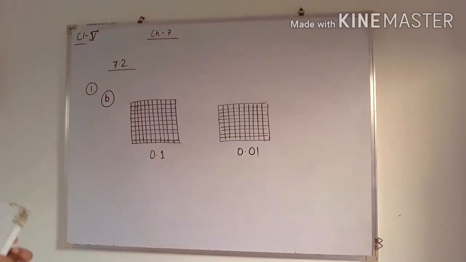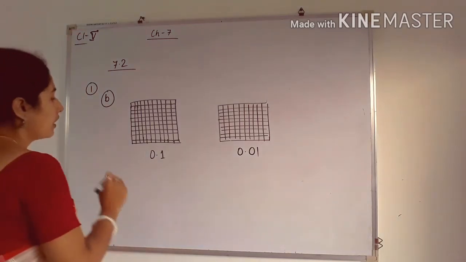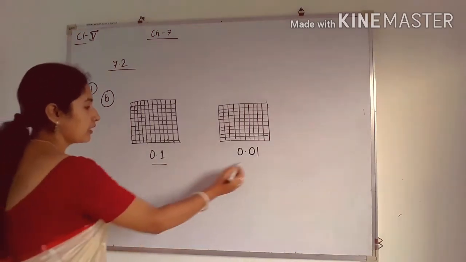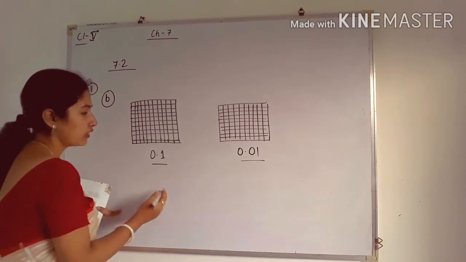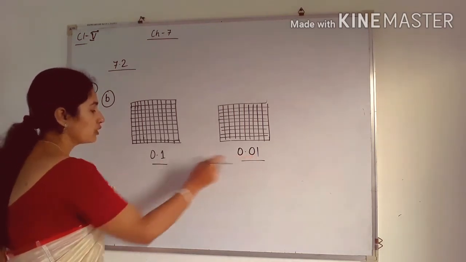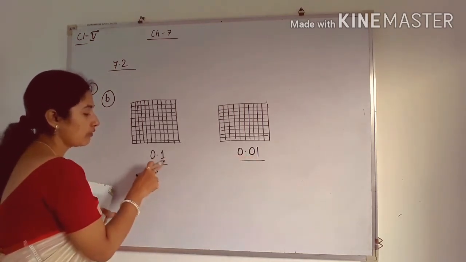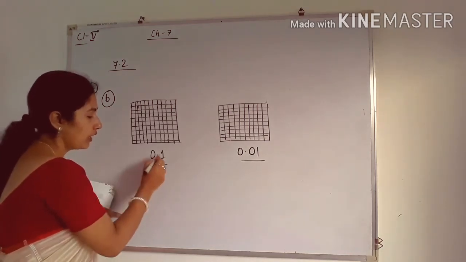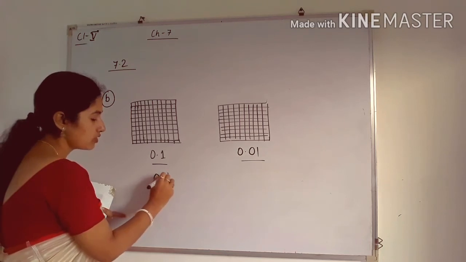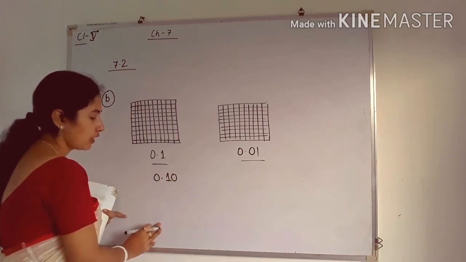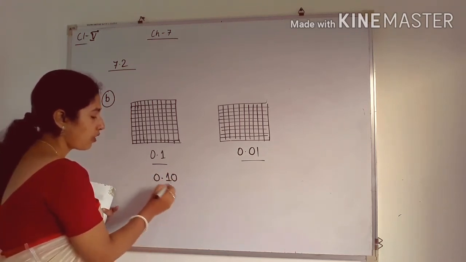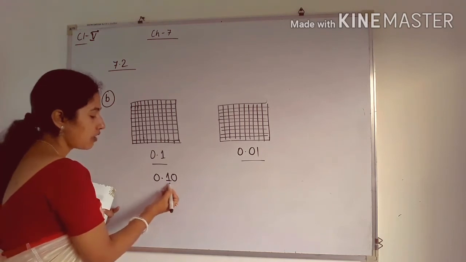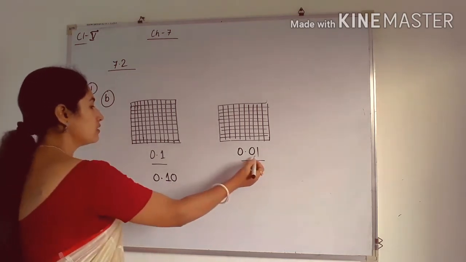See the next question. Next question is question number B. Here see, this is not like decimal. So first of all we will convert it. There are 2 digits here, but there it is only 1 digit. So we have to change it into an equivalent decimal. The equivalent decimal of 0.1 is 0.10. Now you can see after the point there are 2 numbers, now 10. Here only 0, 1.